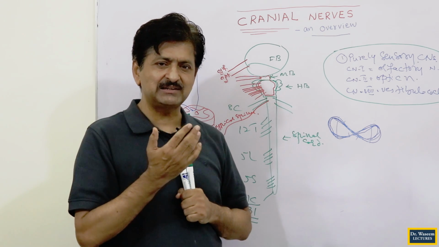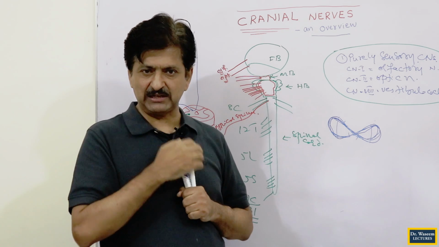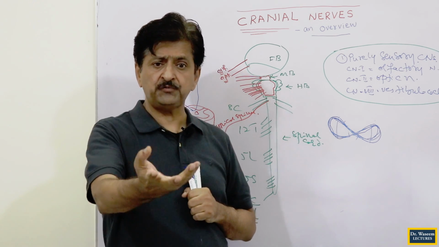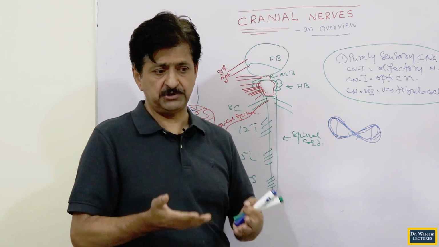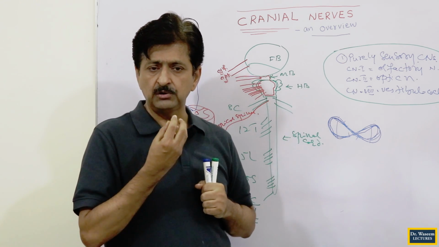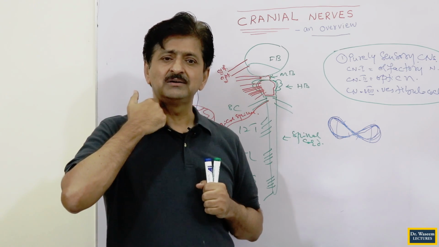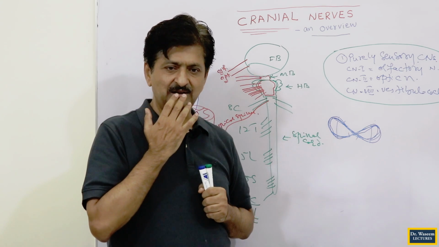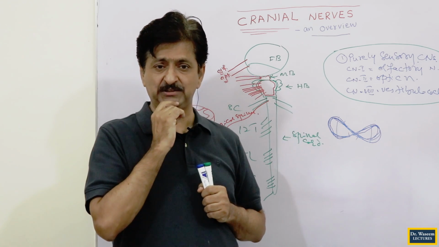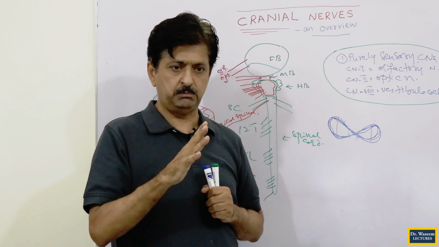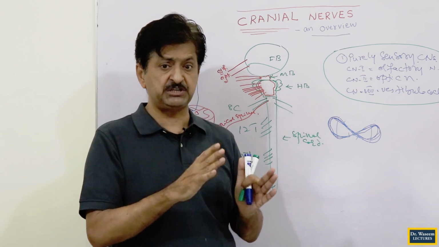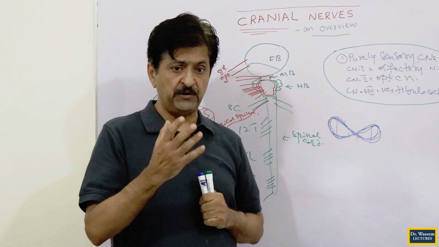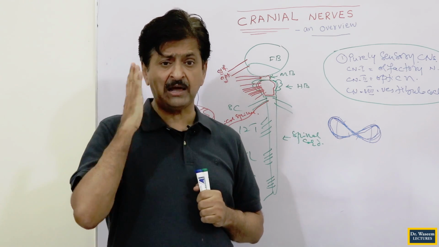But for taste, the tongue has been selected, and the tongue has another very important motor function, which is the synthesis of words, or converting sound or voice into words. A little bit can be made through the lips also, with the assistance of the lower jaw, but the major function of speech is done by the tongue. So the tongue is a very big and highly controlled motor organ also.